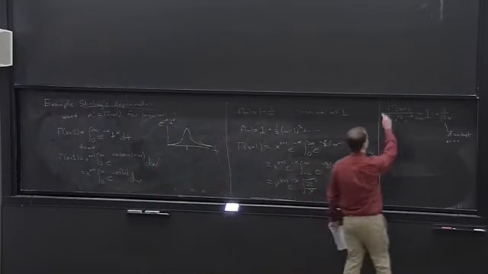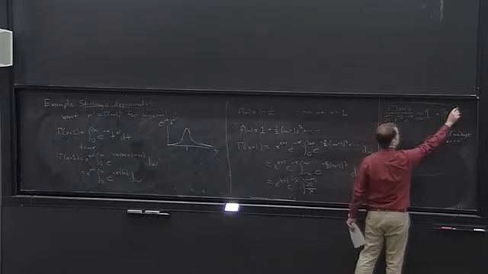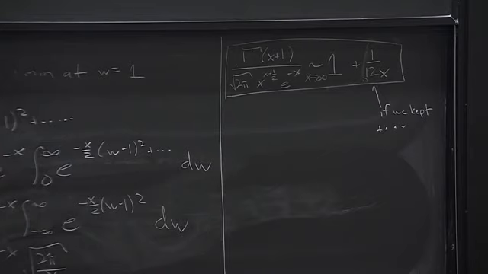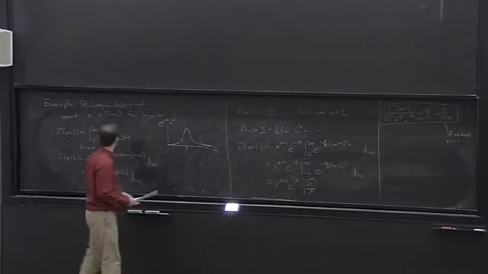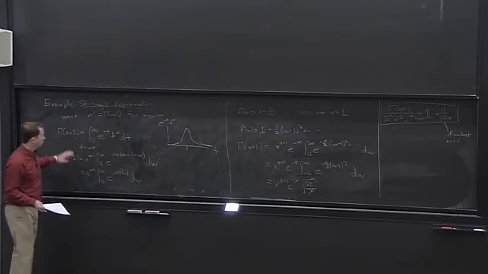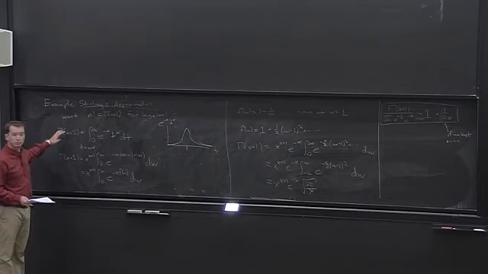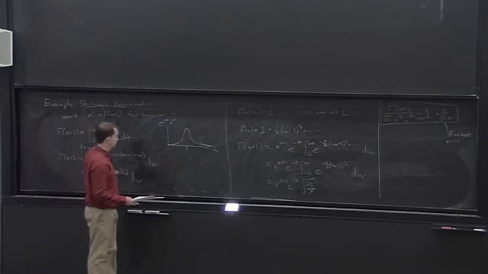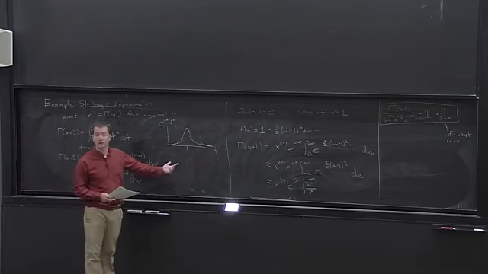So this is our first example of an asymptotic series that we constructed by approximating an integral with the sum of Gaussian integrals.